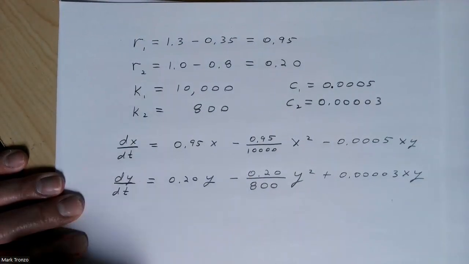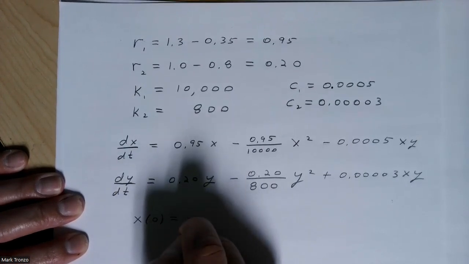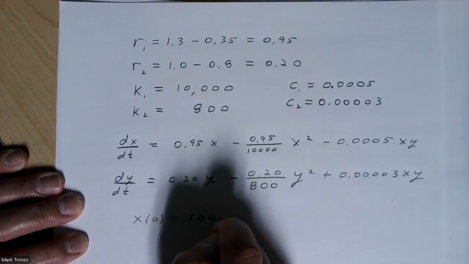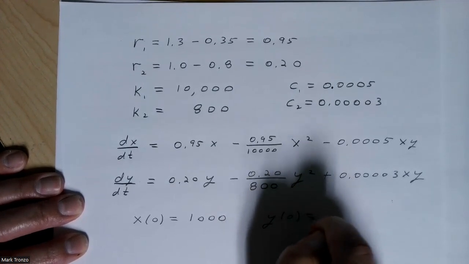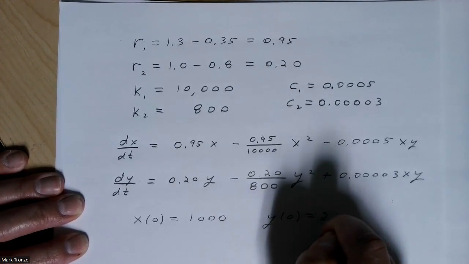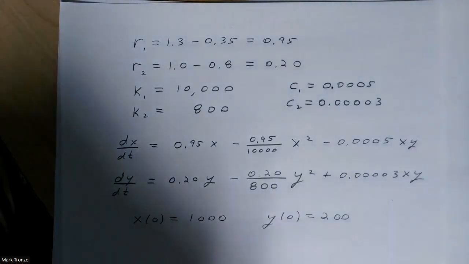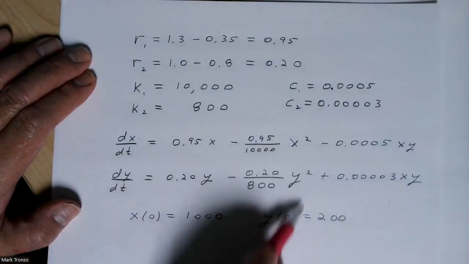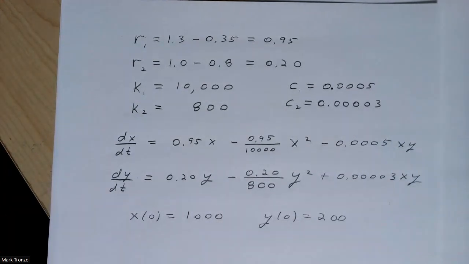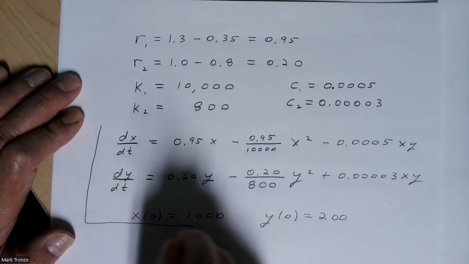So remember the gazelles are the X, and that's going to be 1,000, and the initial condition for the lions is 200. So there's our system of differential equations right there. And this is our initial condition, so it's really going to be all this.